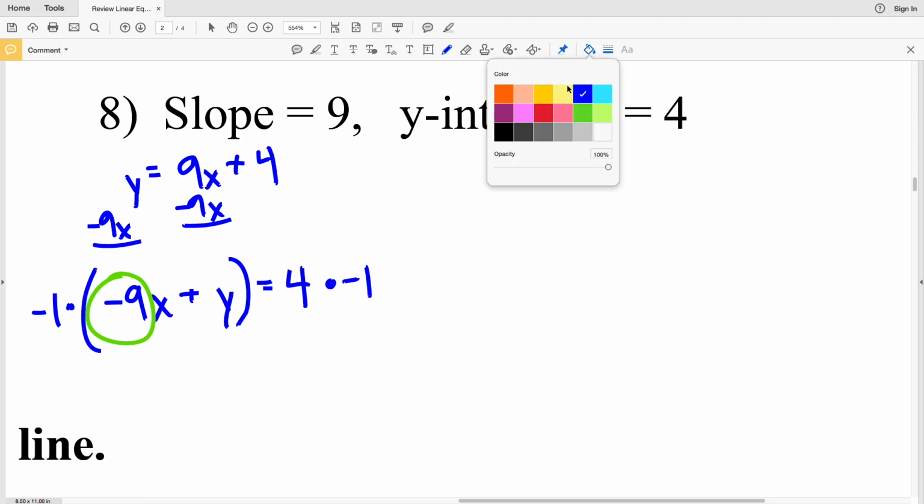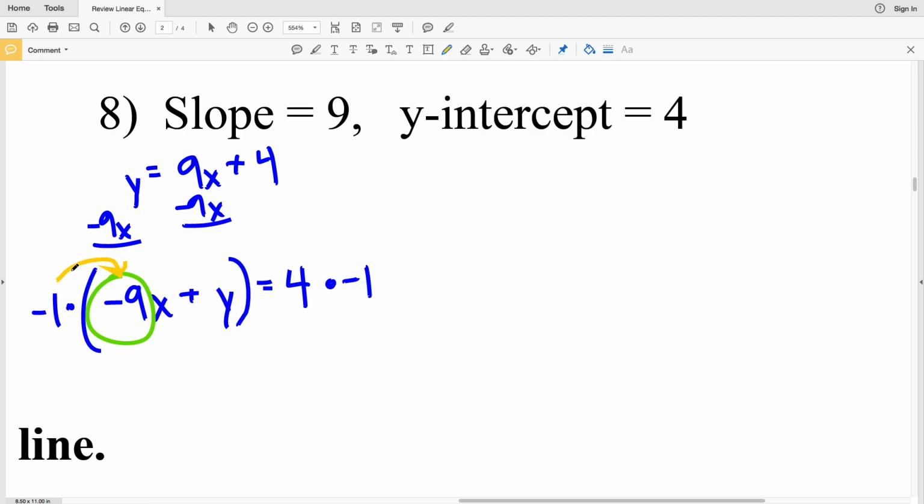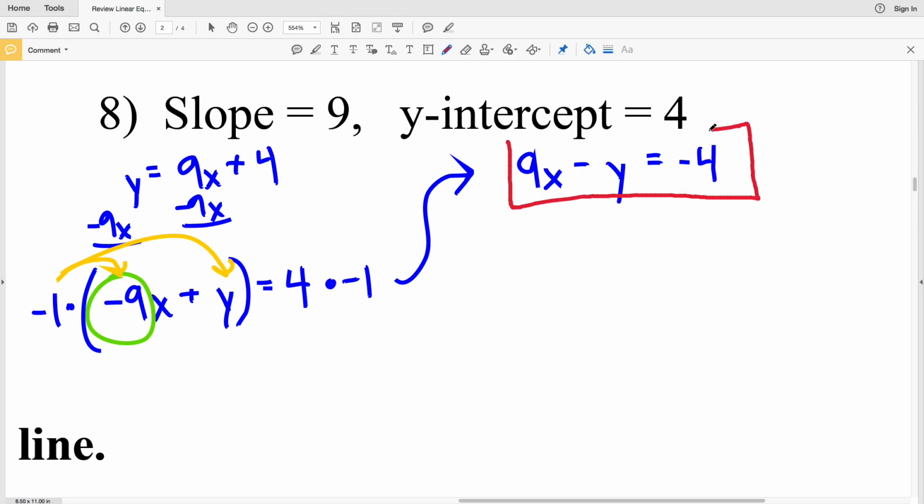So distributing that -1 to the negative 9x and to the y. -1 times negative 9x is a positive 9x. -1 times y is going to be negative y, and adding a negative is the same as subtracting a positive, so I'm going to subtract y, and that's going to be equal to c, which is 4 times -1, which is -4. ax plus by equals c.